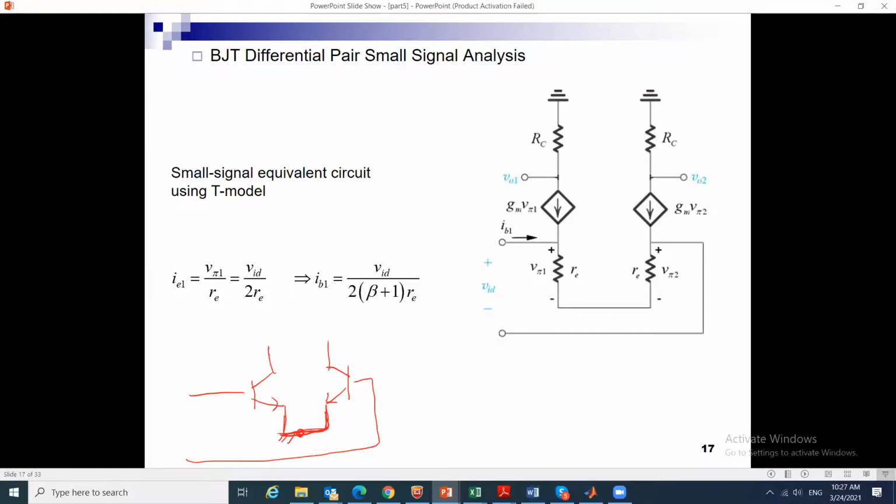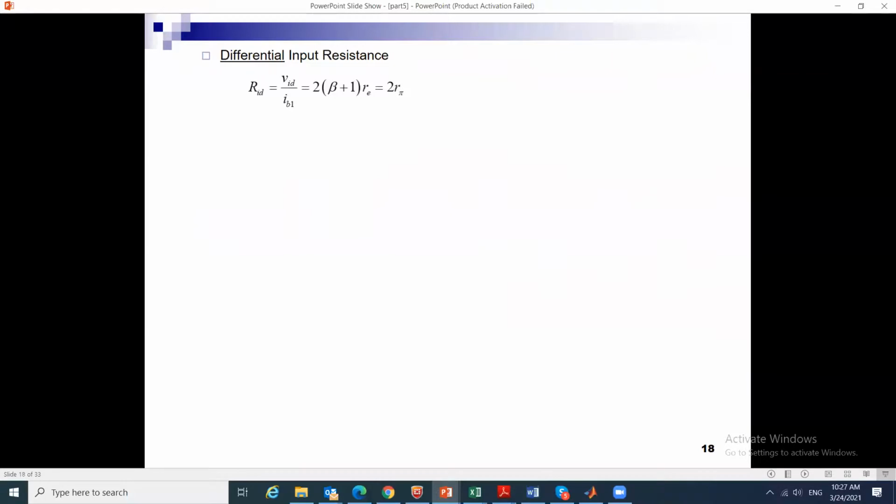So I'm seeing 2R pi now at my input. Okay, so the differential input resistance is 2R pi. This is the only thing that is different in the BJT compared to the MOSFET.